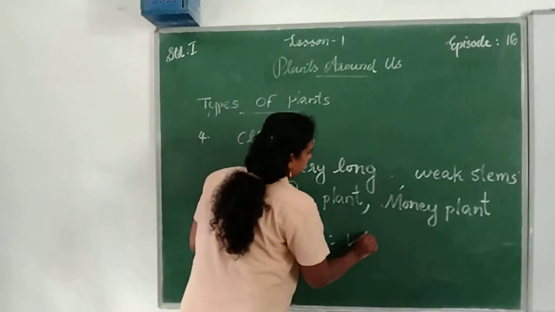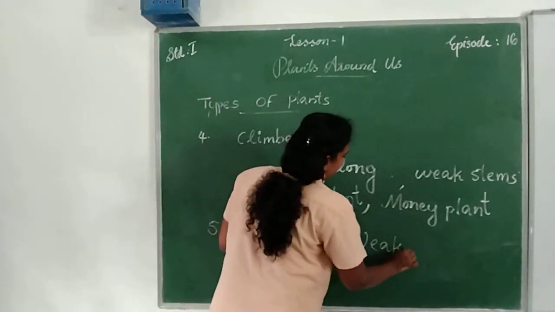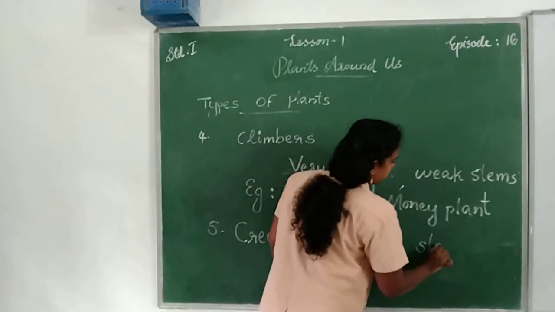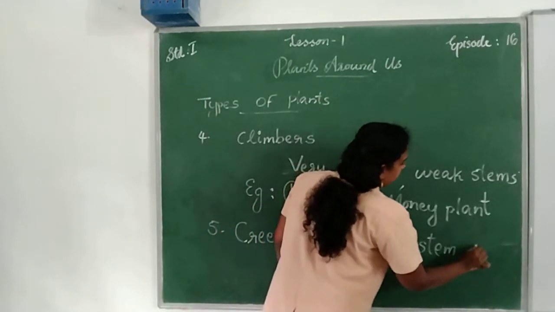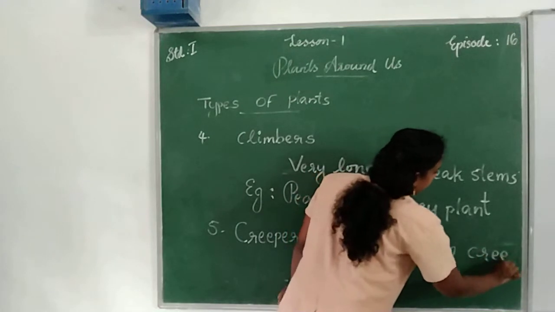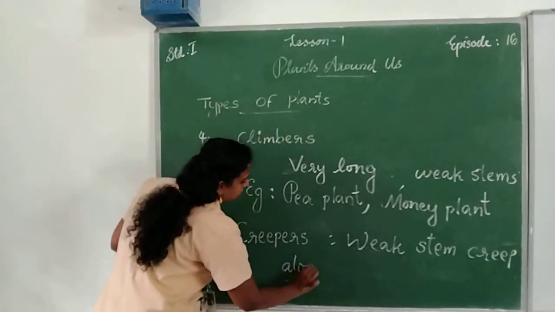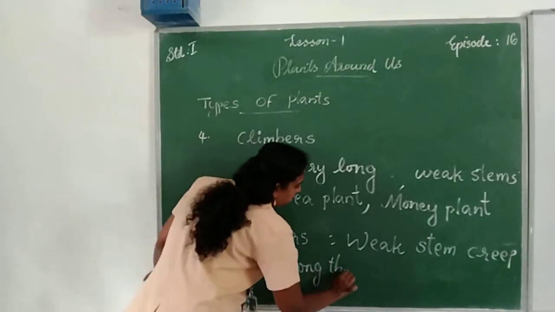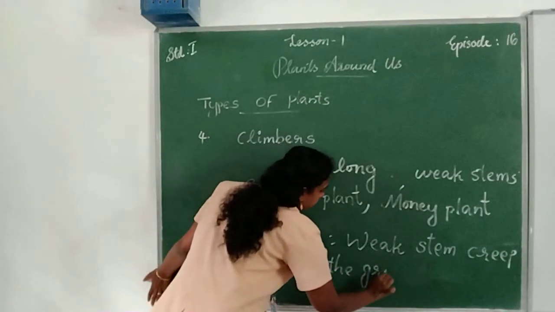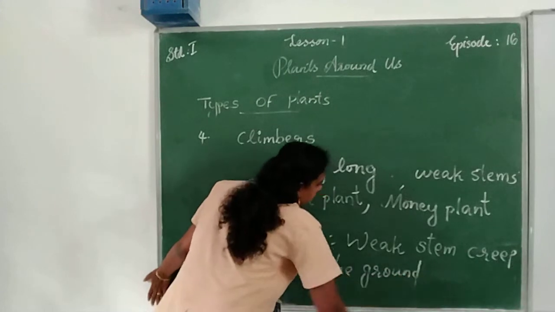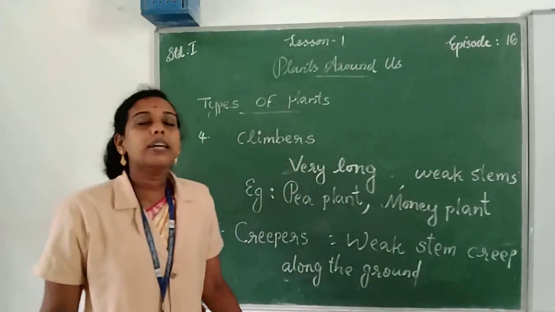Weak stems, W-E-A-K, weak stems, creep, C-R-E-E-P, creep along the ground, and they are called creepers.